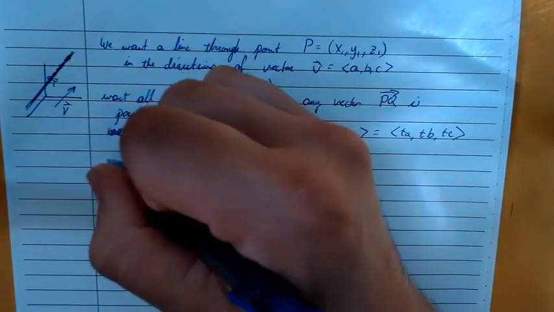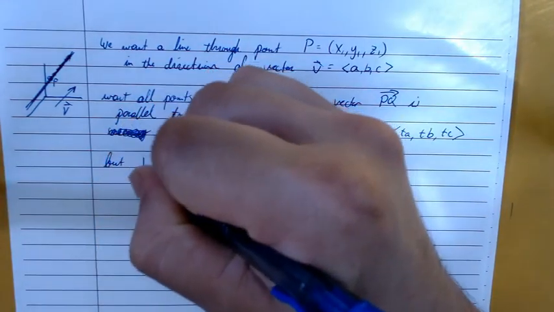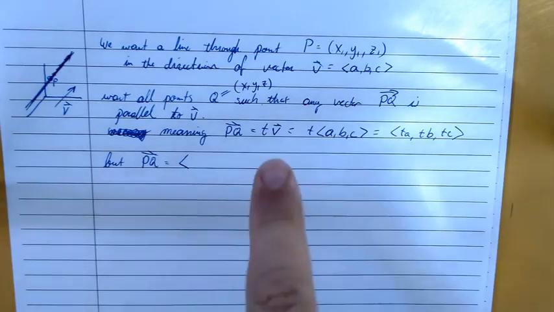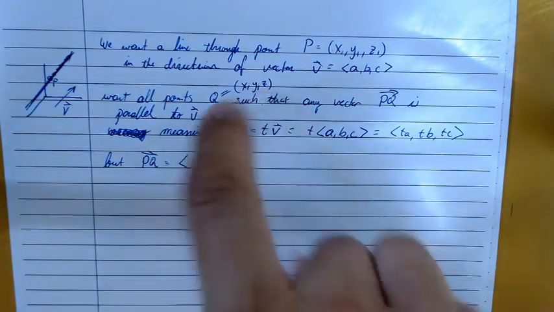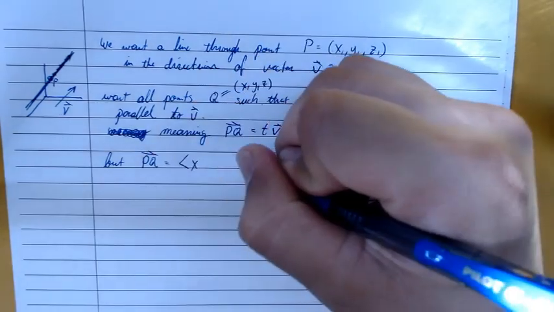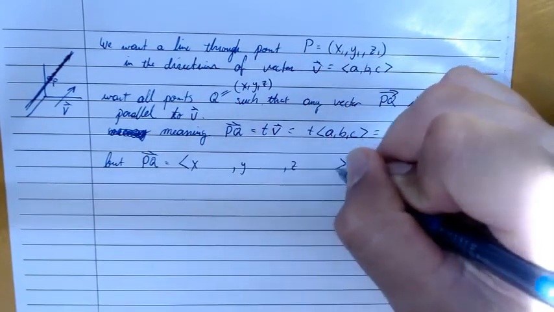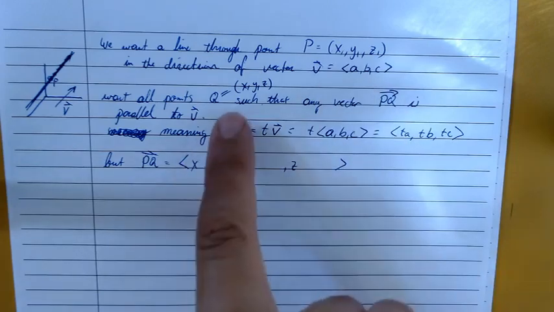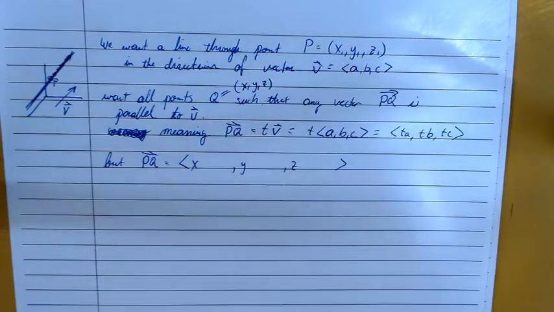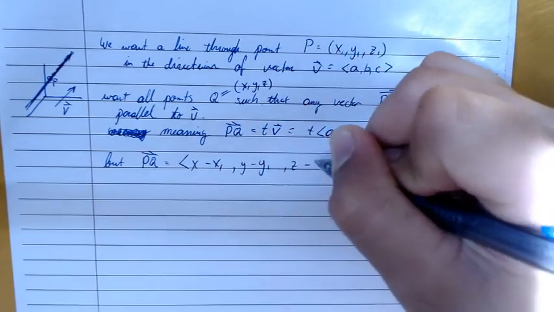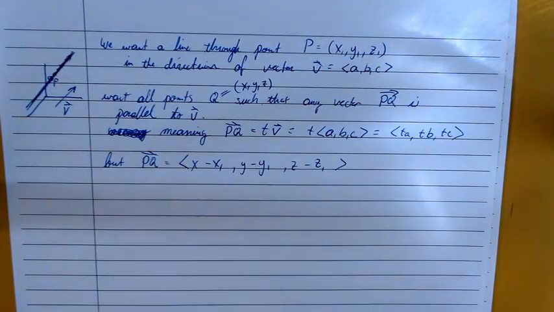Okay, but the vector PQ is simply given as, again, we're taking the terminal components and subtracting away the initial components. From P to Q means you start from Q and subtract away whatever P was. Oh, okay.